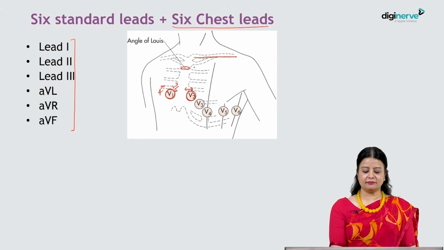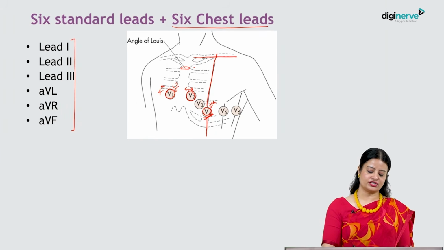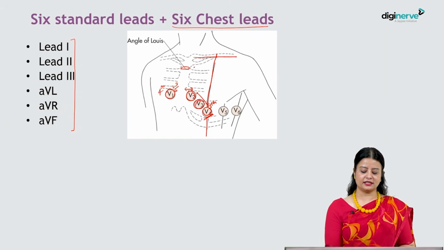And then in the middle of the clavicle, you draw a line down there, and in the 5th intercostal space, you place your 4th chest lead, and in between V2 and V4, we place V3.